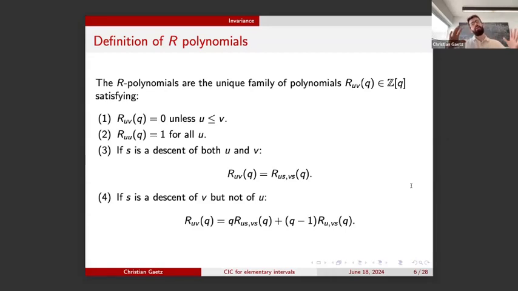The goal of this is going to be to understand these polynomials just in terms of the interval between u and v in Bruhat order as an abstract partially ordered set. That is, without remembering the labels of the vertices, without remembering which permutation lives where.